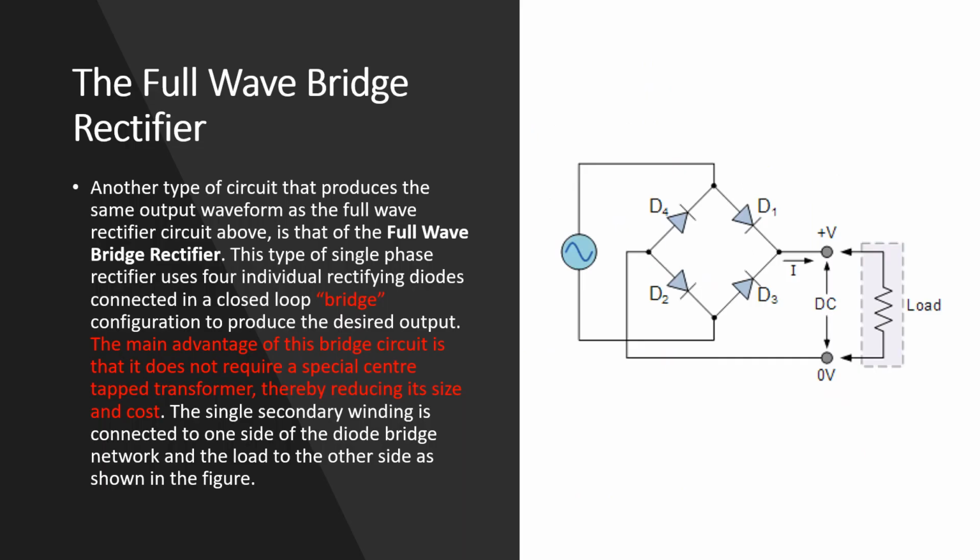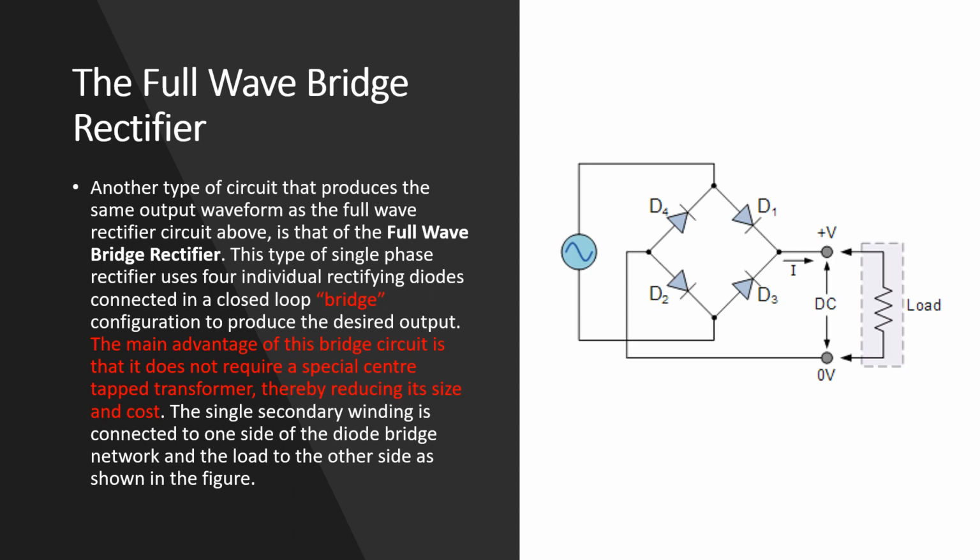Now this full wave bridge rectifier works the same as the full wave center tap rectifier. But what is the main advantage of the bridge rectifier over the center tap full wave rectifier?